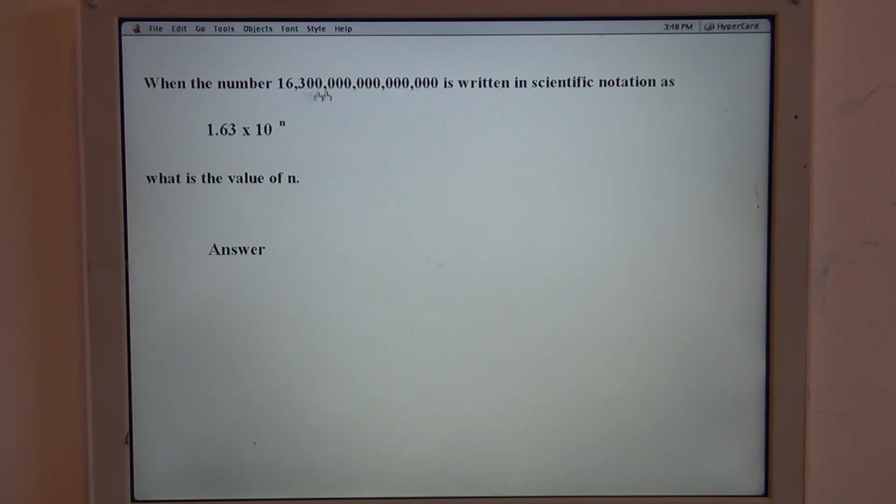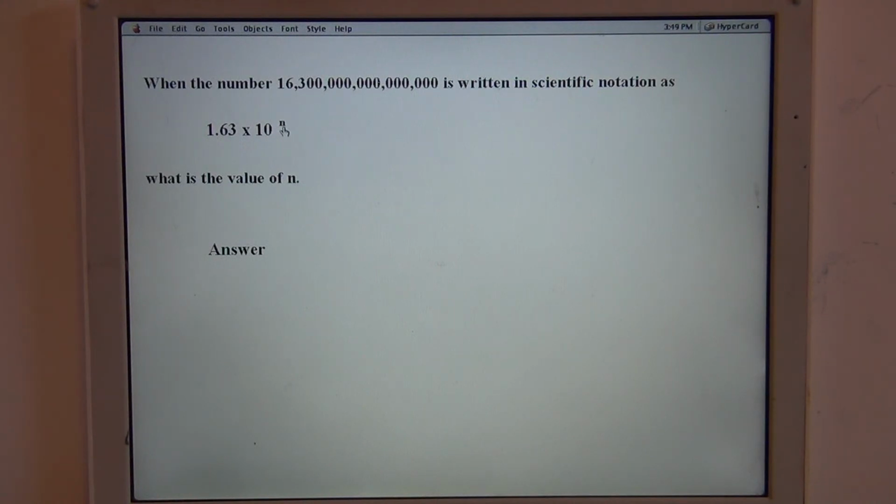But if we had to change it into scientific notation, we would locate the first non-zero number, which would be 1, and then we would put the decimal point, and then we would list any other non-zero numbers. So it would be 1.63 times x. And here they say the exponent is n, and they want you to figure out what n is.